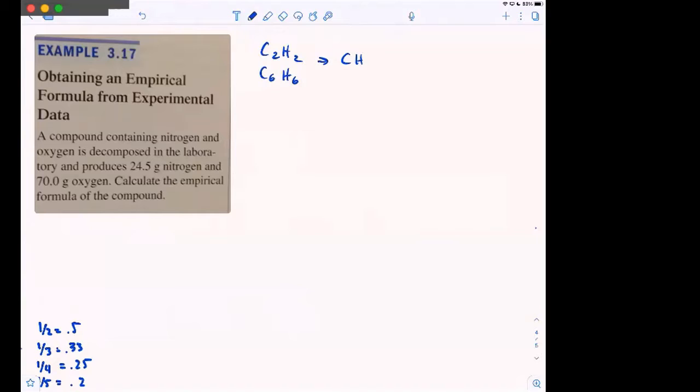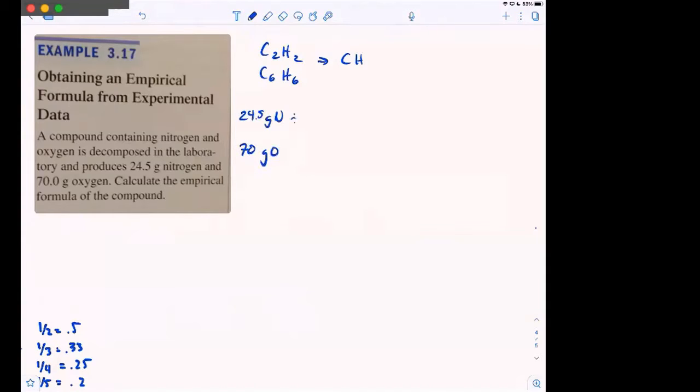Well, one of the things I'm trying to get you to think right away is moles. Think about moles. So start off with 24.5 grams of nitrogen and 70 grams of oxygen.